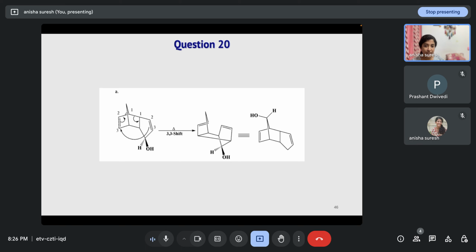This double bond is shifting here, and this bond is getting broken like this. So that is drawn here. If we redraw it in such a fashion, this part is coming here, and this is that part.